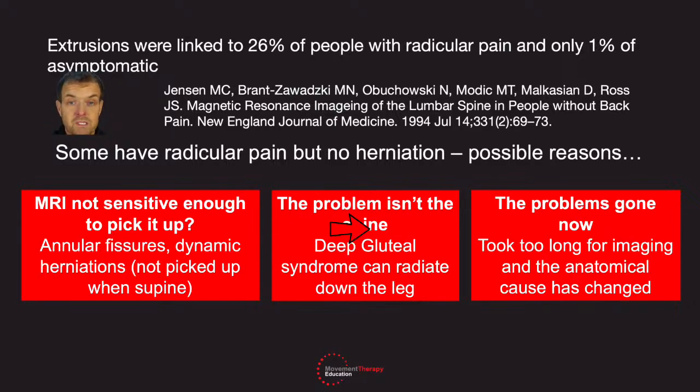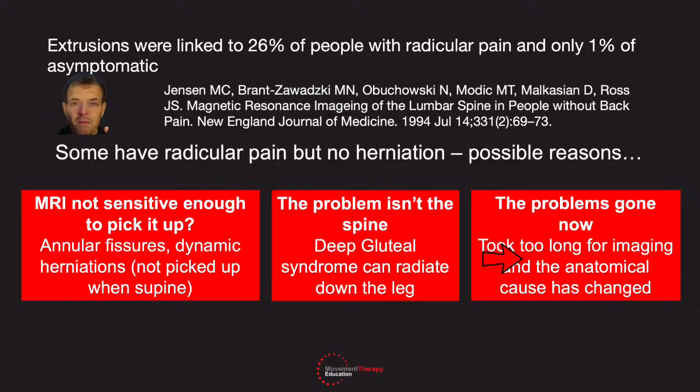The problem might not be the spine. Deep gluteal syndrome can radiate down the leg and give you radicular symptoms. So it doesn't necessarily need to be coming from a disc. The problem might have gone. So it's taken so long for the imaging that the anatomical cause has changed, but the chemical irritation is still there.